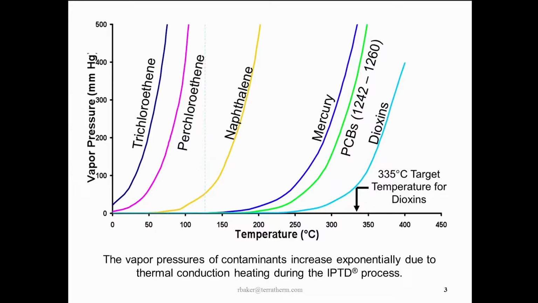We've found for dioxins that a target temperature of 335 C is appropriate. And note that mercury, a metal, can also be treated around the same target temperature of 300 degrees C or so.